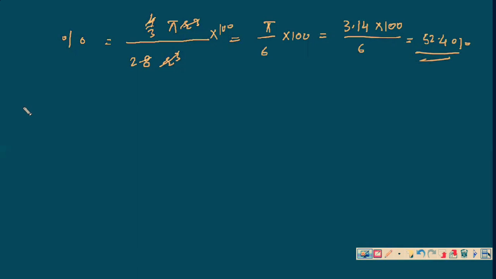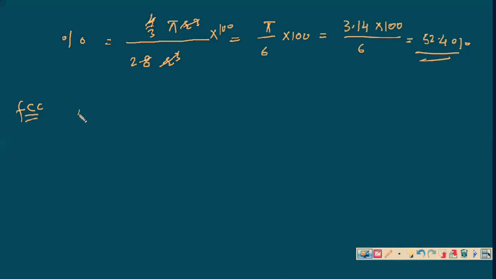Now packing efficiency in FCC, face centered cubic cell. In case of FCC, the particles are present not only at the corners but also at the faces of the unit cell. We know very well there are 4 particles in FCC, 4 spheres.